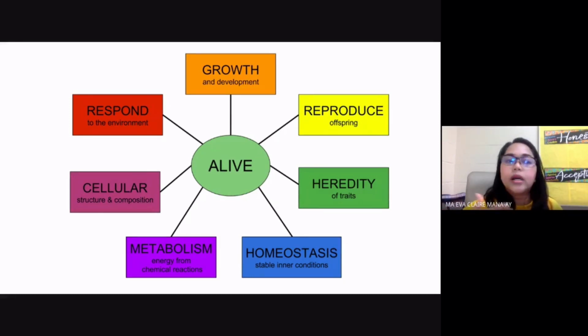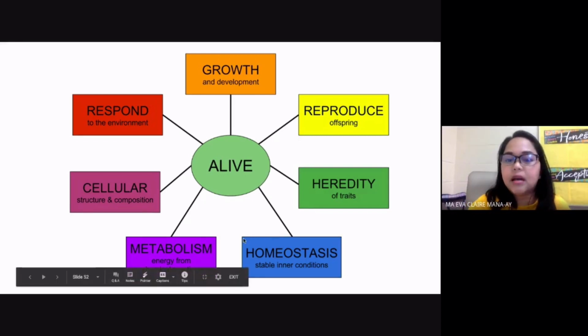Say if you are talking about your body temperature, your body should always be maintaining that normal body temperature so that you can continue functioning. So that's your homeostasis, a stable inner condition. That is another characteristic of living organisms.